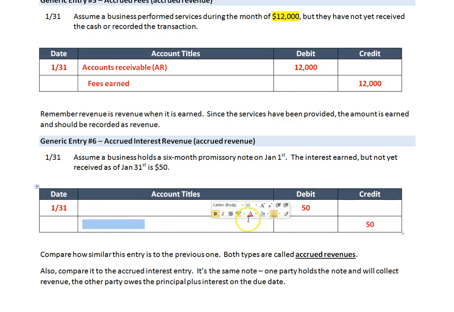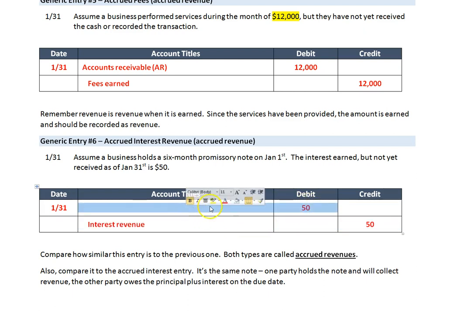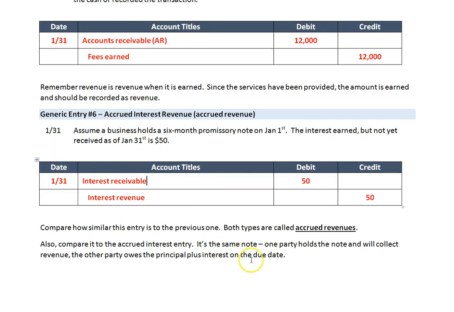We're going to call it interest revenue. So we're recognizing that we've earned $50 of revenue. We're not going to receive it yet. They're not going to pay us until the note's due, but we've earned it, so we're going to put it into interest receivable. But see the relationship here? Instead of accounts receivable, it's interest receivable. Instead of fees earned, it's interest revenue. So it's a revenue account on each, and it's a receivable account on each.